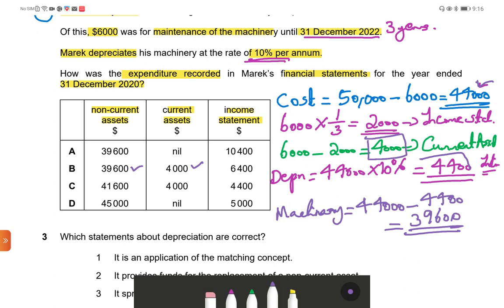Income statement we calculated 2,000 maintenance cost, 4,400 depreciation. So 2,000 plus 4,400 is equal to 6,400 income statement. So the correct answer is B.